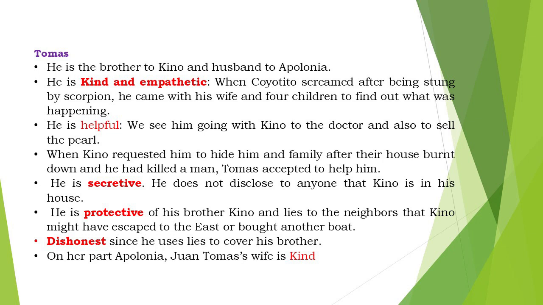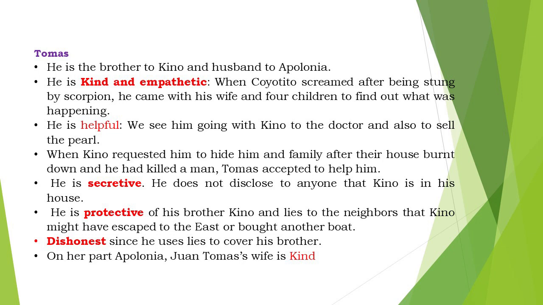He is secretive. He does not disclose to anyone that Kino is in his house. He is protective of his brother, Kino, and lies to the neighbors that Kino might have escaped to the east or bought another boat.